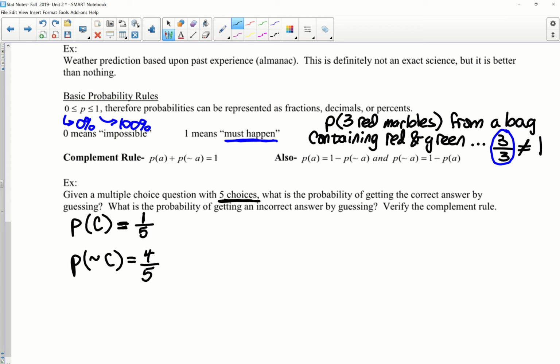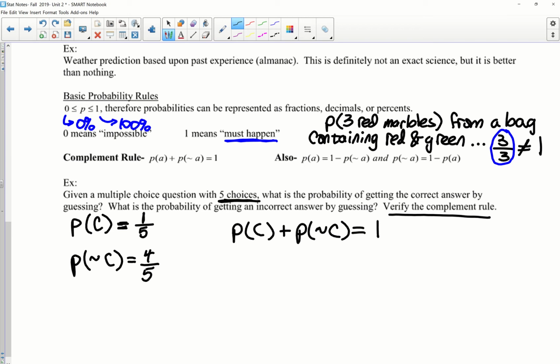But they're asking us to verify the complement rule. Verifying the complement rule is just as simple as saying that these 2 probabilities, the probability of C plus the probability of not C, should be equal to 1.